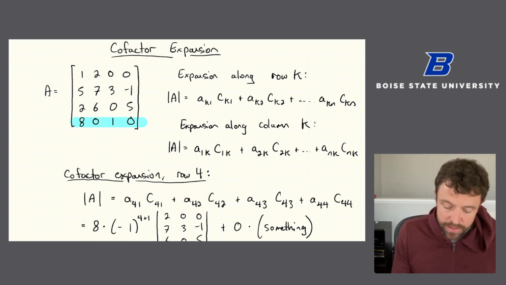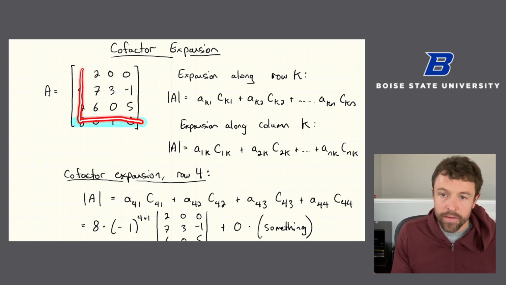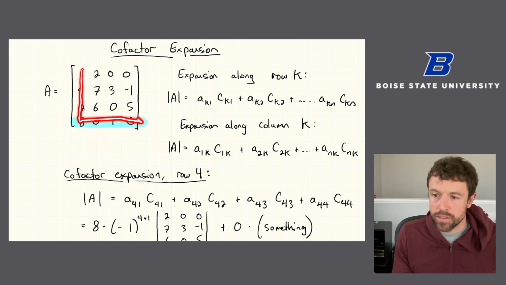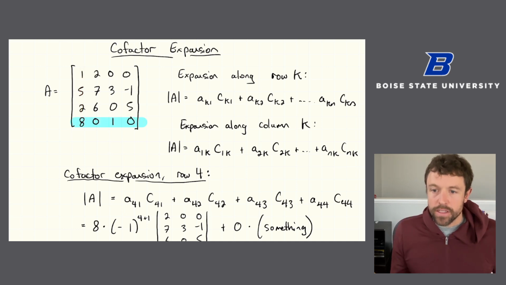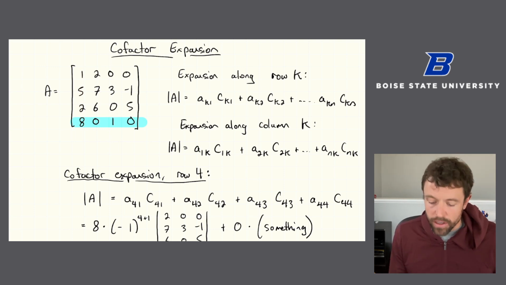And now once I've picked, for instance, 8, my remaining choices, if I can't pick something else from that row or that column, are given by here, which is why we're considering that minor. And I now have to pick one entry from each row and column of this smaller matrix, which again corresponds to the determinant. And so that's the picking one entry from each row and column.